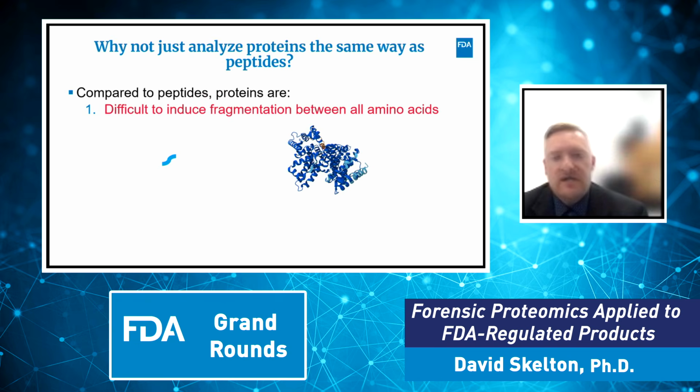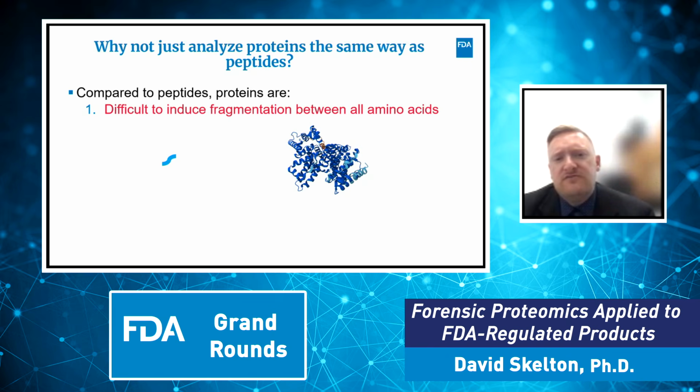So we don't directly analyze proteins the same way that we do peptides, for a couple of reasons. First of all, it's difficult to produce fragmentation between all of the amino acids in a protein. As these amino acid sequences increase in length, they will begin to fold over on themselves, and they form these sort of complex three-dimensional structures.